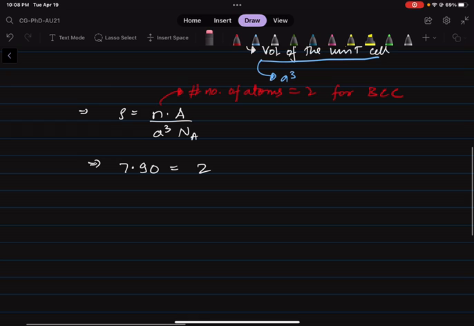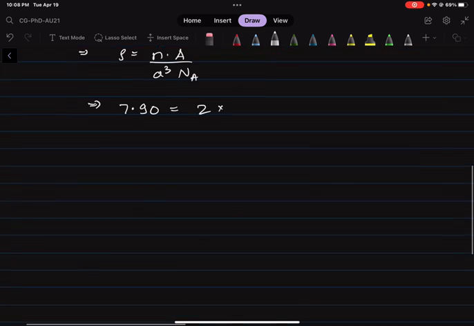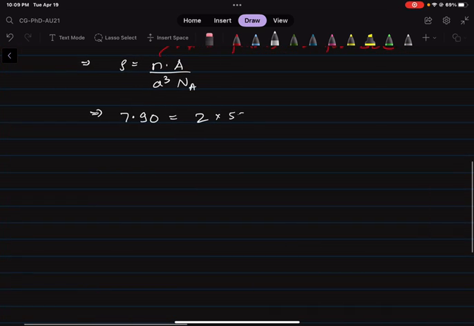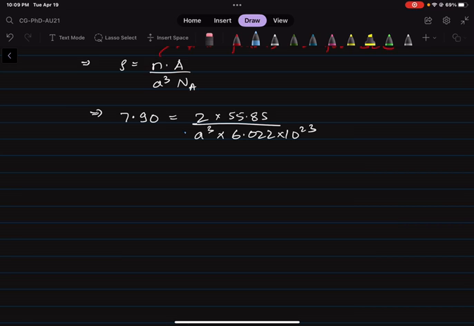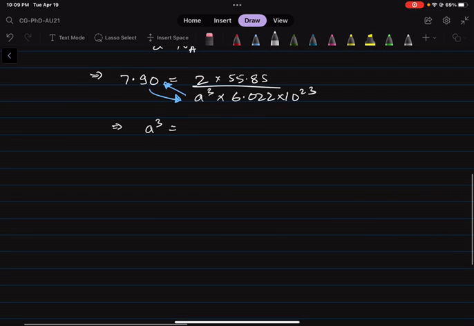And putting that in with the atomic weight that is given to us as 55.85, you will then have a cubed at the bottom, and then the Avogadro's number. You can take the a cubed to the top, bring the 7.90 to the bottom, and then that'll give you a cubed equals 2 times 55.85 divided by 7.90 times 6.022 times 10 to the power 23.